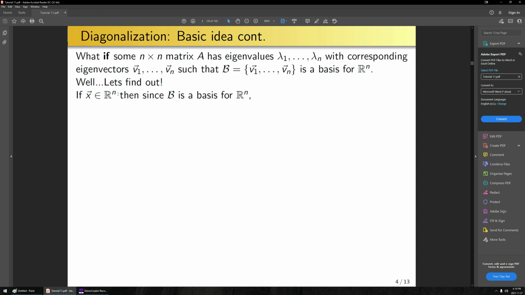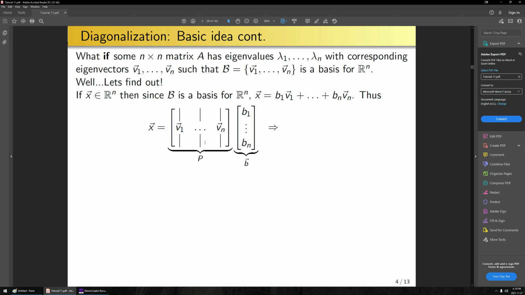So here, if x is in R^n, then since this B is a basis for R^n, I know that I can write x as a linear combination of the basis elements. Explicitly, x is equal to b1 v1 plus and so on up to bn vn. Thus, I can rewrite x as a matrix vector multiplication as such.